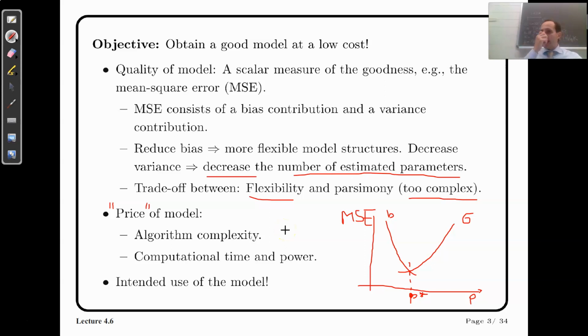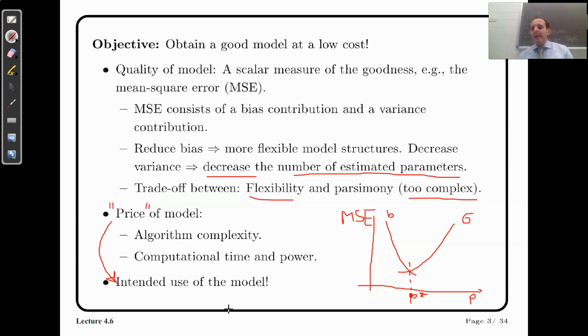When the algorithm used to obtain this model is complex, the price is high. On the other hand, the complexity also increases the computational time and power. Of course, the price also depends on the intended use of the model. So it means that you really need a very good model.